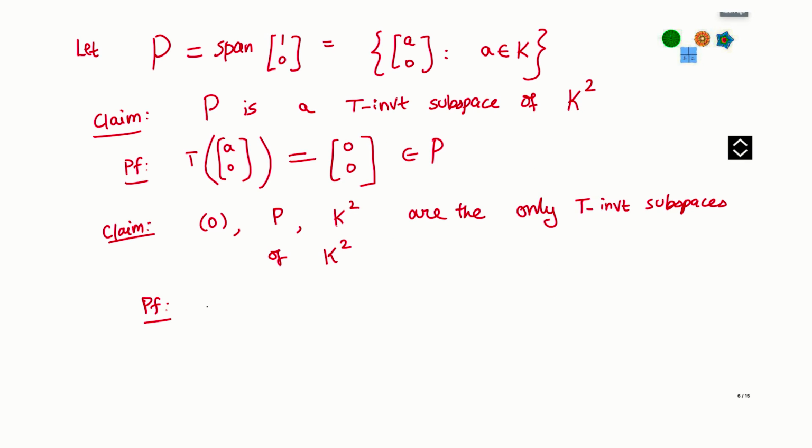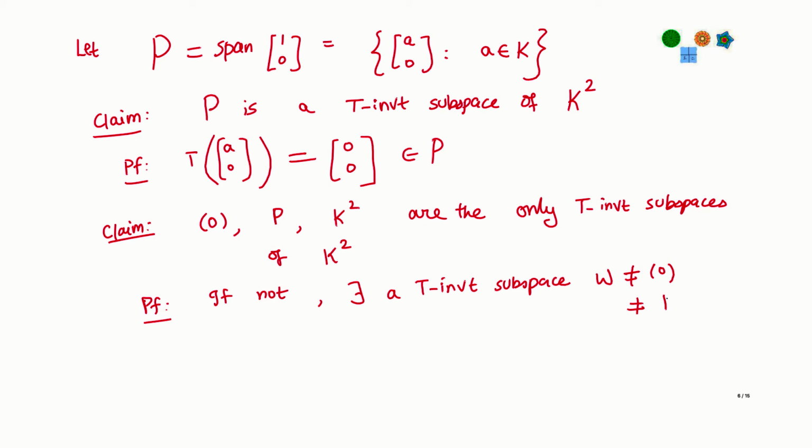Let us now use that in this proof. Maybe let us argue by contradiction. If not, there exists a T invariant subspace W which is not one of these three: W is not equal to 0, not equal to P, and not equal to K^2. Now, what does that mean?